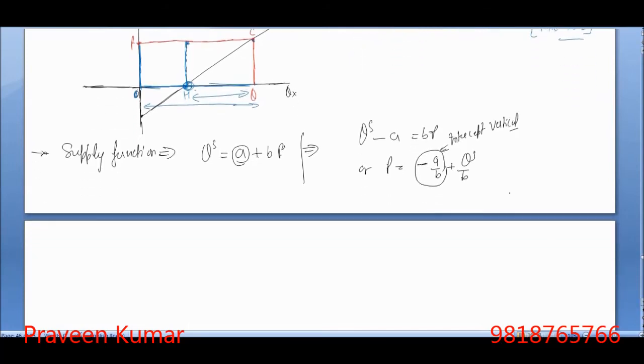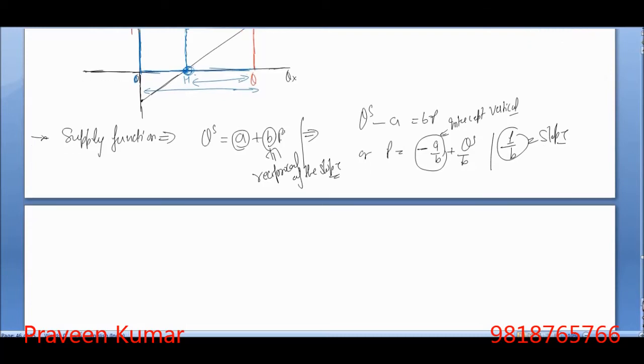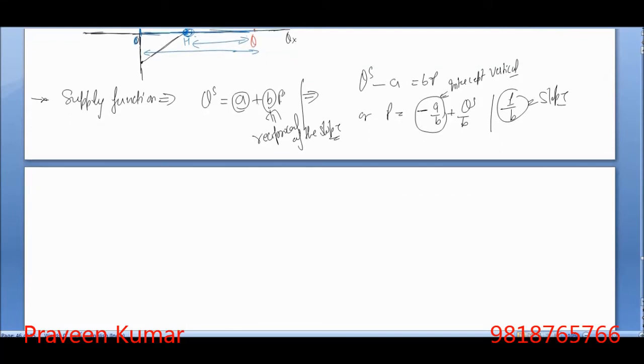So this is the intercept, and 1 by B is the slope, and B is the reciprocal of the slope. Is that okay?